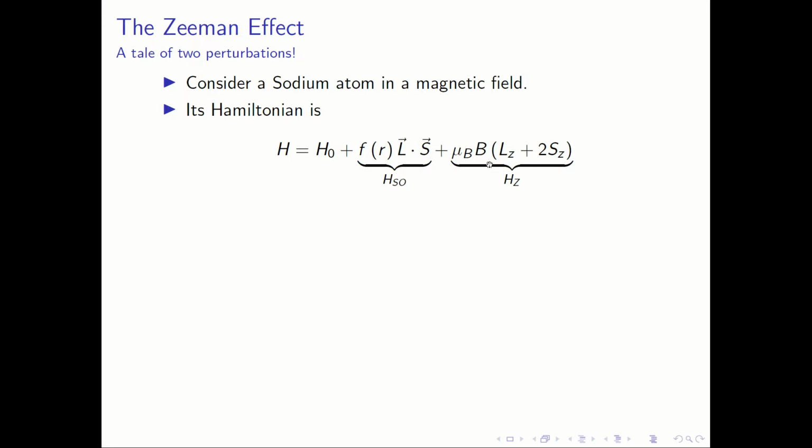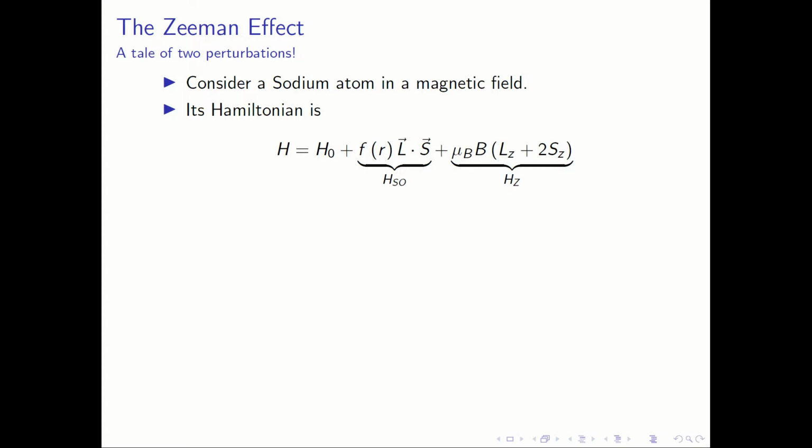I am assuming that the magnetic field has been taken in the z direction, so this is really B dot L, that is, B L_z times a constant called the Bohr magneton.